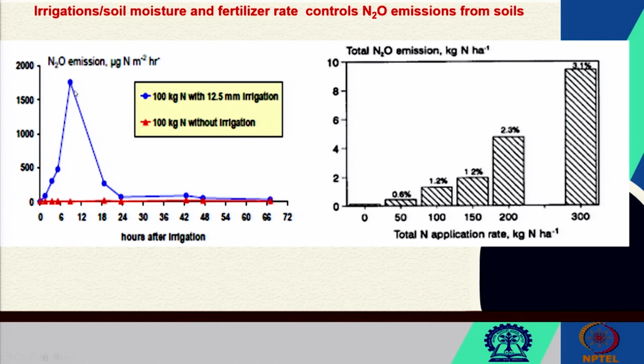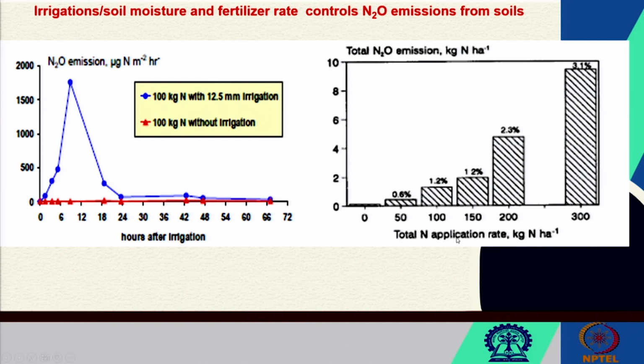This blue line shows 100 kg of nitrogen with 12.5 millimeter of irrigation, and this red line shows 100 kg of nitrogen without irrigation. Of course, when there is moisture, that will increase the anaerobic condition, and that will augment denitrification and nitrous oxide emission.